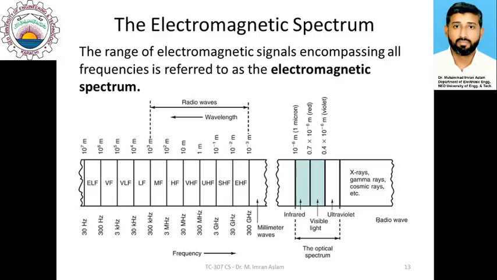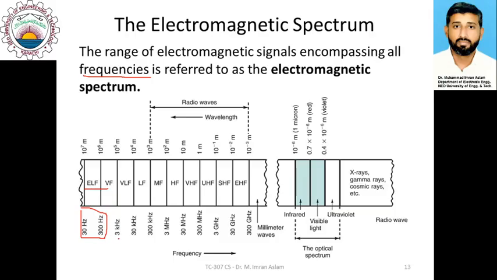Actually, the electromagnetic spectrum is generally represented in terms of frequencies. So this range of frequencies is named as the electromagnetic spectrum. For convenience or for representation, we have divided that spectrum into smaller bands. For example, the 30 to 300 hertz band is named as extremely low frequencies.